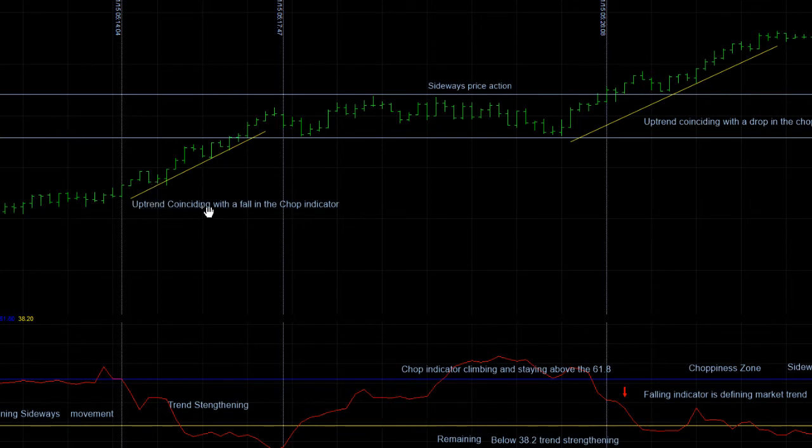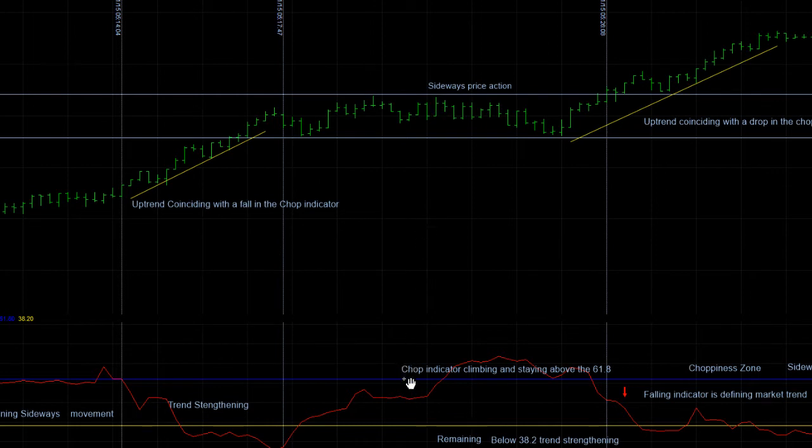We're seeing an uptrend coinciding with a falling chop indicator, and then once we get to this upper level, we see the indicator turn back up and push above the 38.2 level, and then it starts climbing towards that 61.8, getting up above that higher limit.